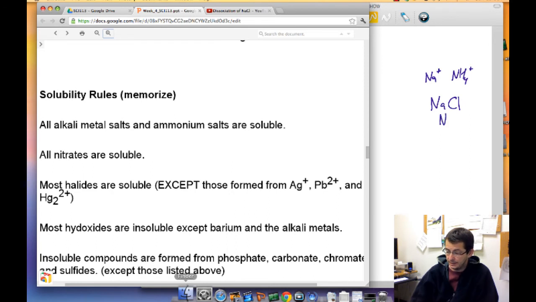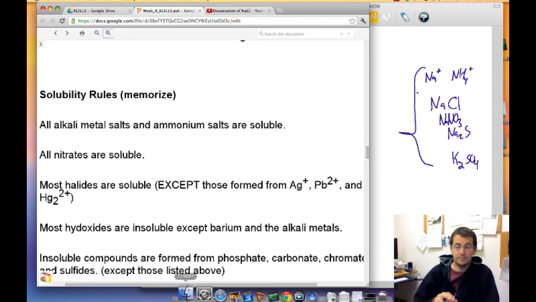NaCl, NaNO3, Na2S. These are all going to be soluble. K2SO4, all going to be soluble based upon this rather simplistic rule of alkali metal salts.